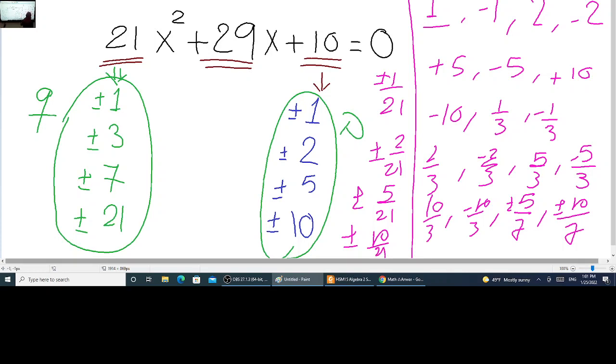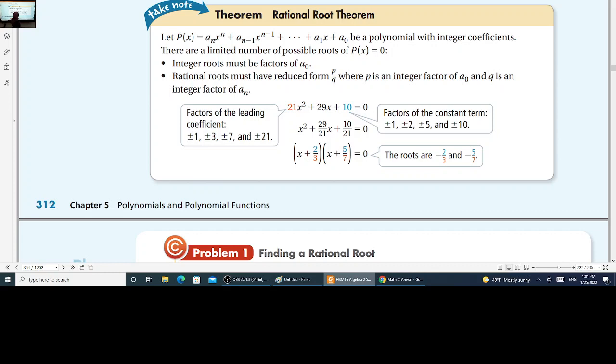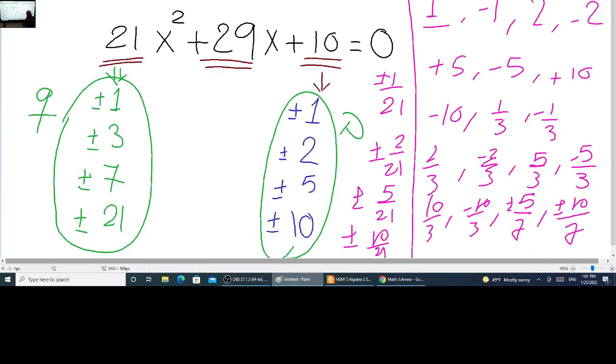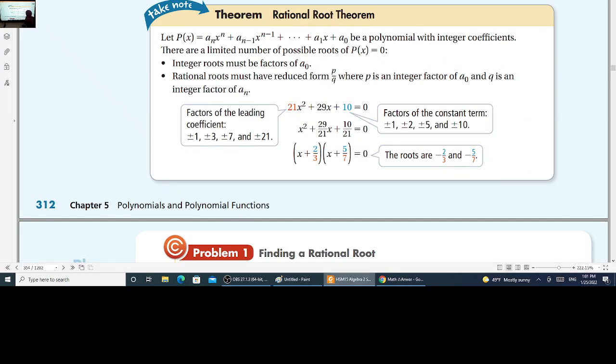So all these numbers are possible zeros of this equation. Now we just try them. So the answers here are negative 2 over 3 and negative 5 over 7.